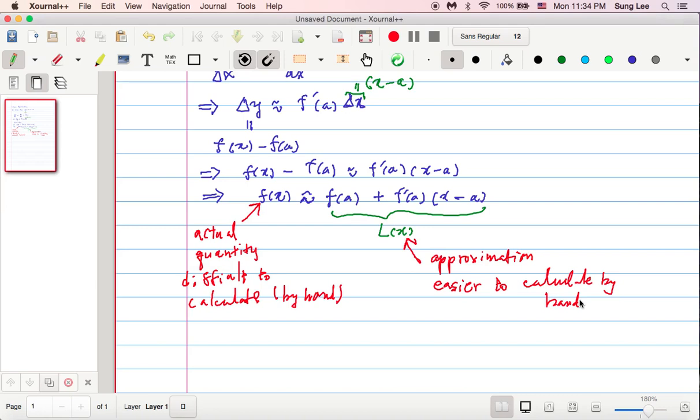So people had to devise a way to approximate a quantity like the square root of 3.98. So that's the method we are studying.